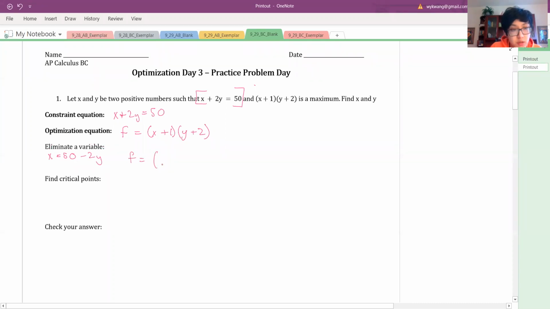So f is (y plus 1) times (y plus 2). This is going to take us to f is equal to 51 minus 2y, times y plus 2.